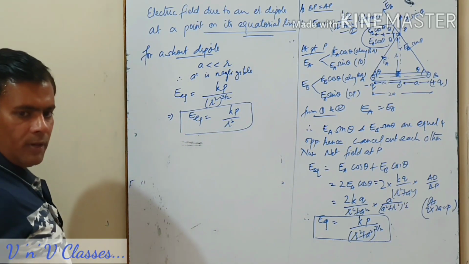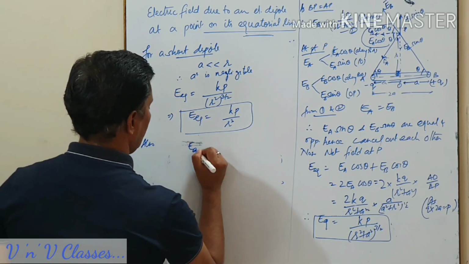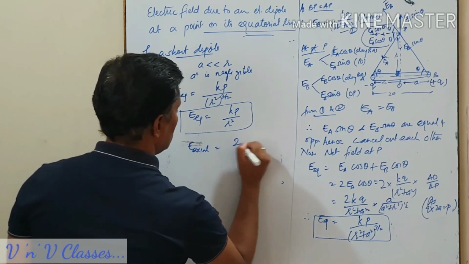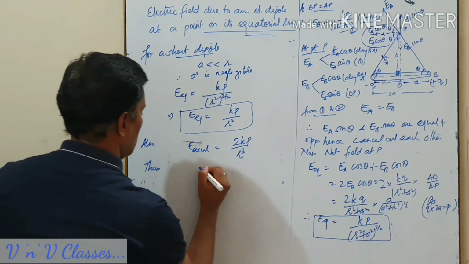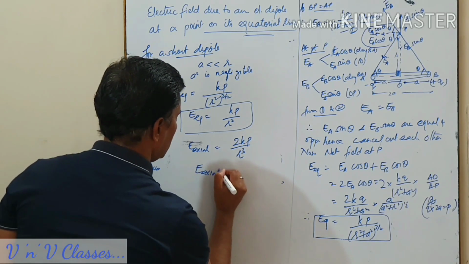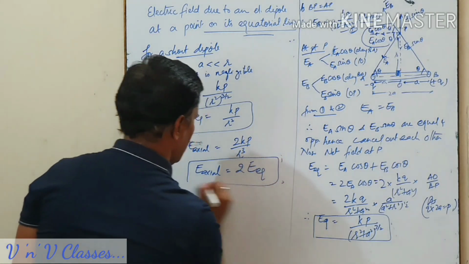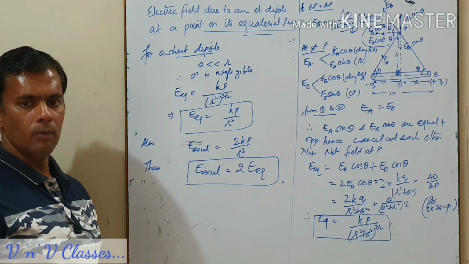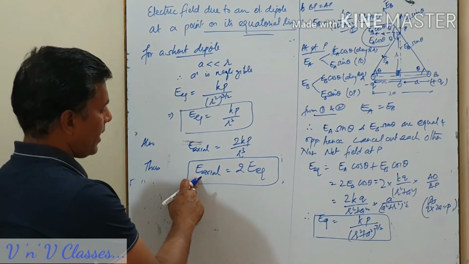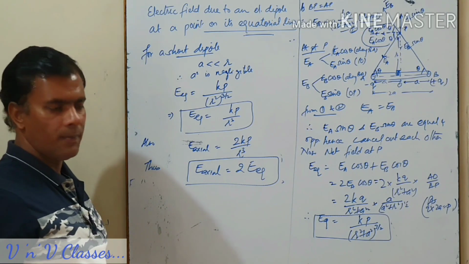E equatorial equals Kp upon R cube. Also, we had discussed in the previous video that E axial is 2Kp upon R cube. So thus we can remember this, that E axial is twice of E equatorial for a short dipole. Remember, E axial is twice of E equatorial for a short dipole.